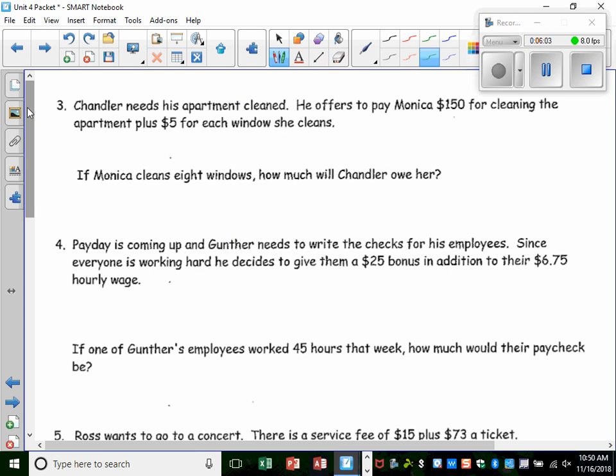By now, you guys probably have figured out who these people are, right? Chandler needs his apartment cleaned. He offers to pay Monica $150 for cleaning the apartment, plus $5 for each window she cleans. What do you think? What is the constant?